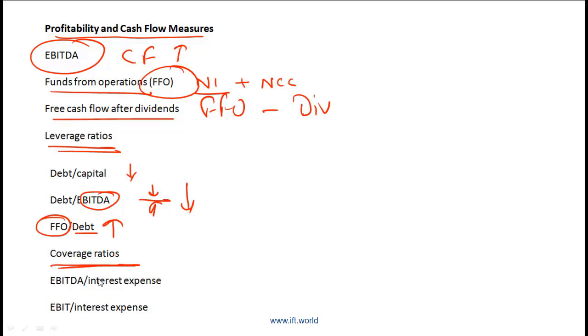And then coverage ratios such as EBITDA to interest expense or operating income to interest expense, we want these ratios to be high. So there is no rocket science here. We need to evaluate a company in the context of other companies in an industry to evaluate how good the ratios are.